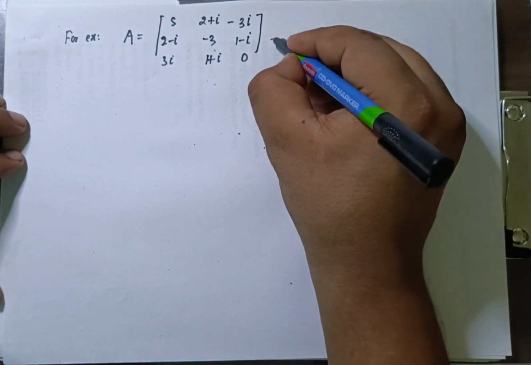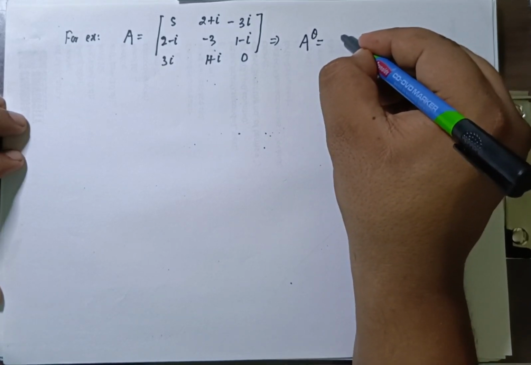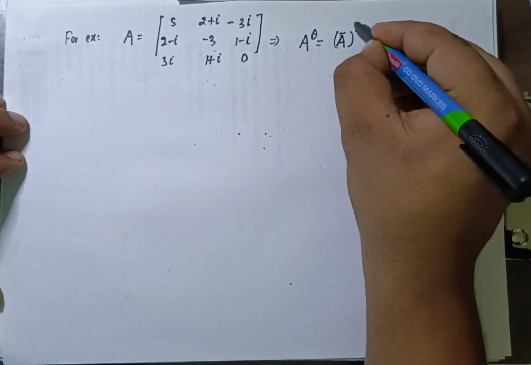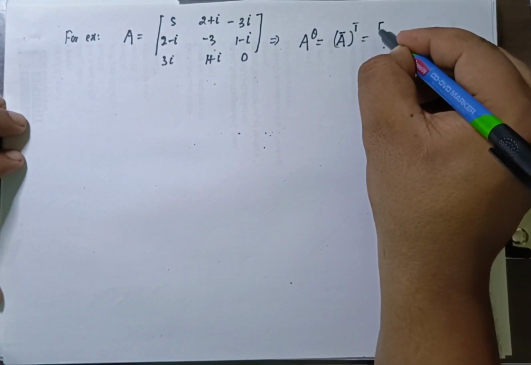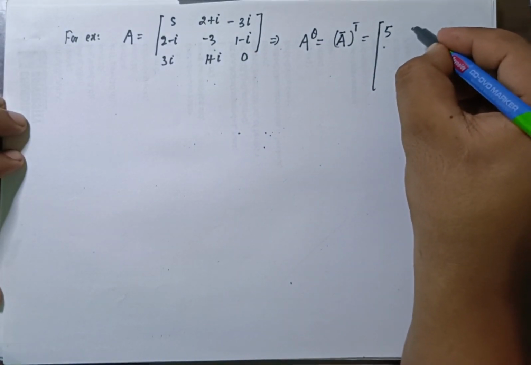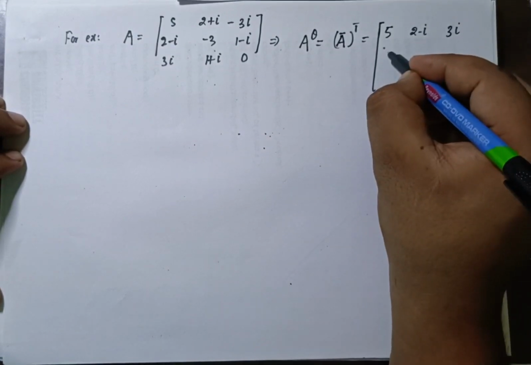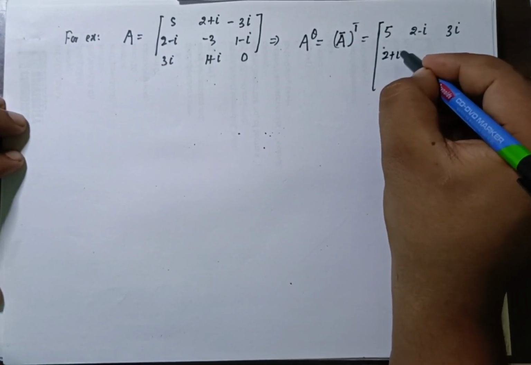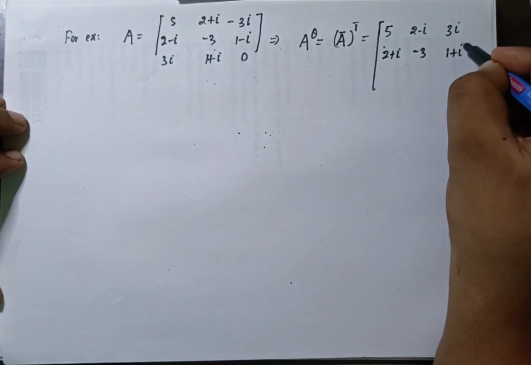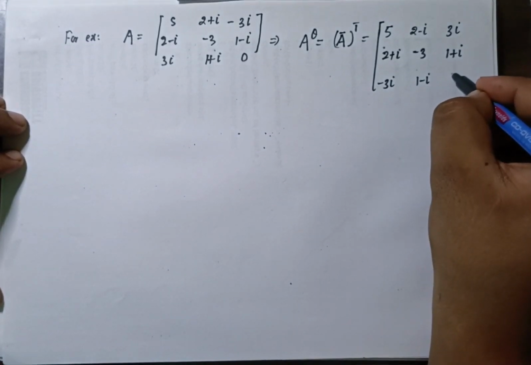Now we try to find A theta. A theta means conjugate transpose. First we take the conjugate of all these entries: 5, 2 minus iota, plus 3 iota; 2 plus iota, minus 3, 1 plus iota; minus 3 iota, 1 minus iota, and 0.